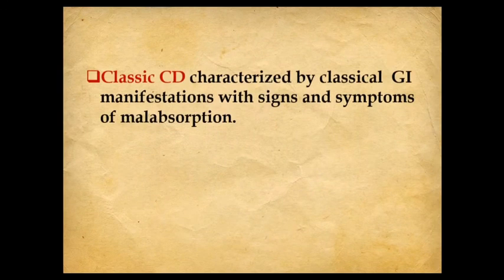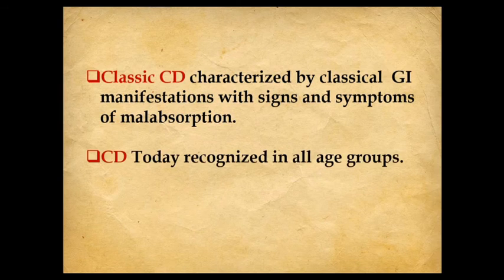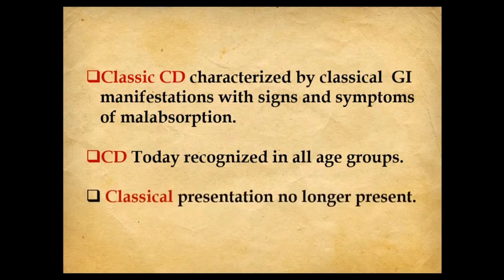So, classic celiac disease is characterized by classical GI manifestation with signs and symptoms of malabsorption. Do you remember what they are? Celiac disease is today recognized in all age groups, and the classical presentation is no longer present.